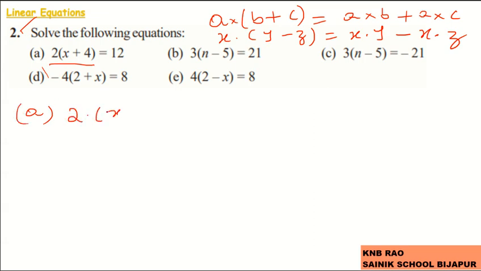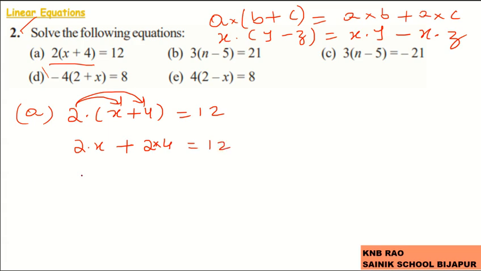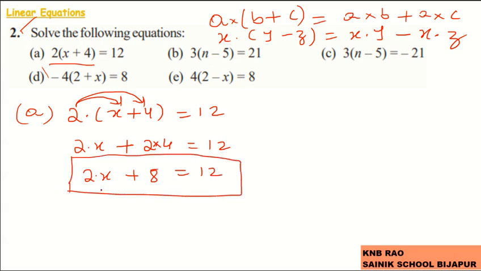2 into x plus 4 equals 12. Now 2 is getting distributed, which is multiplication over addition. So 2 into x plus 2 into 4, equals 12. So 2 into x plus 2 fours are 8 equals 12. Now it is a simple equation of the form which you have already solved. Now you know how to solve it by transposing.